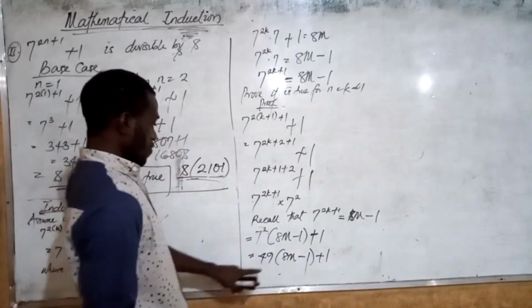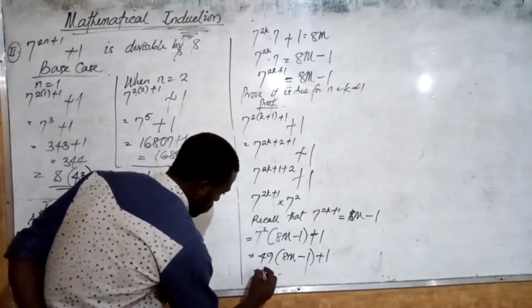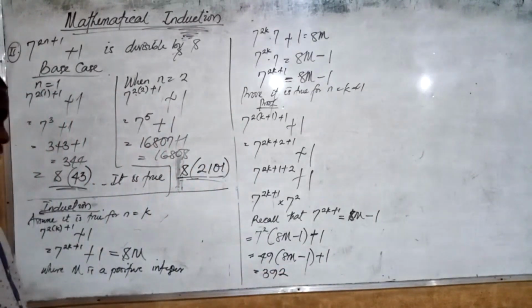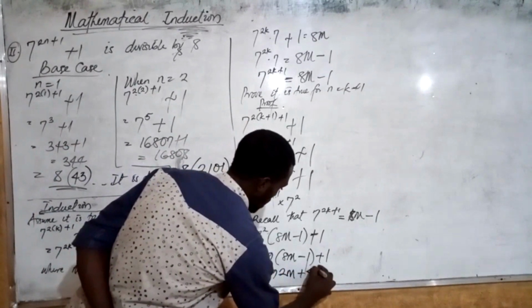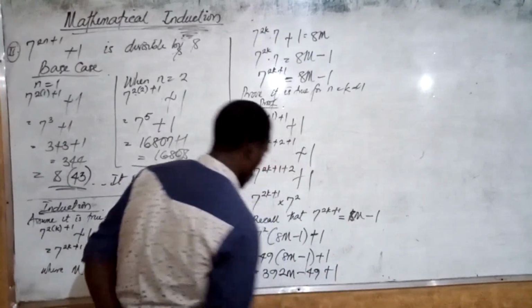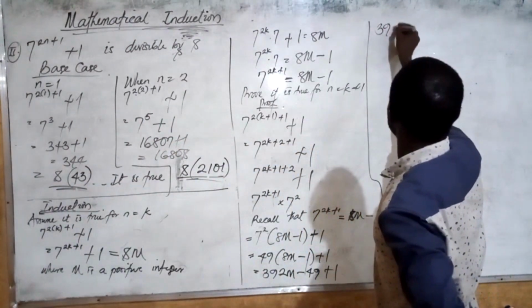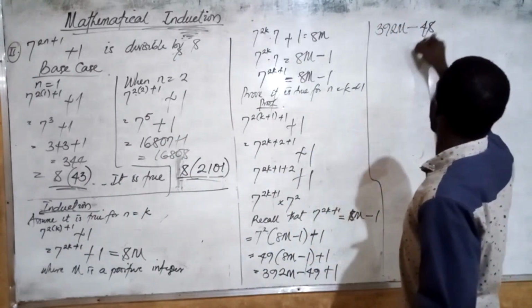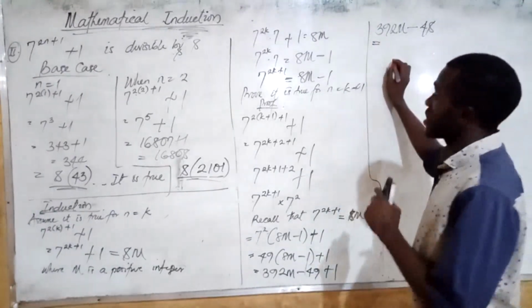So this becomes 49 by 8, which gives us 392n plus 49 minus 49, then plus 1. So that we have 392n minus 48.